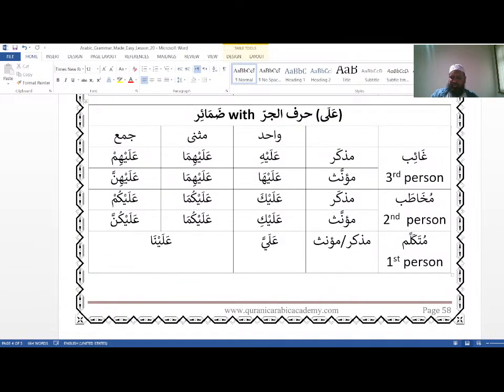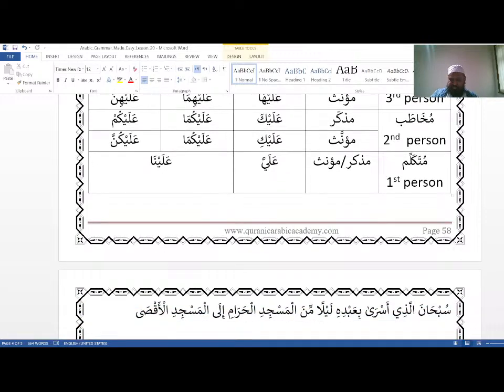Okay, let's look at some of the examples in the Quran. سبحان الذي أسرى بعبده. See, this is the damir of halatul jar attached with ism abdun, servant.